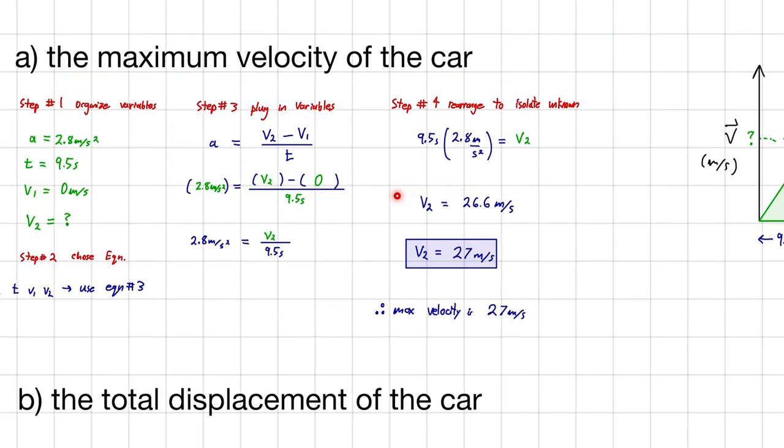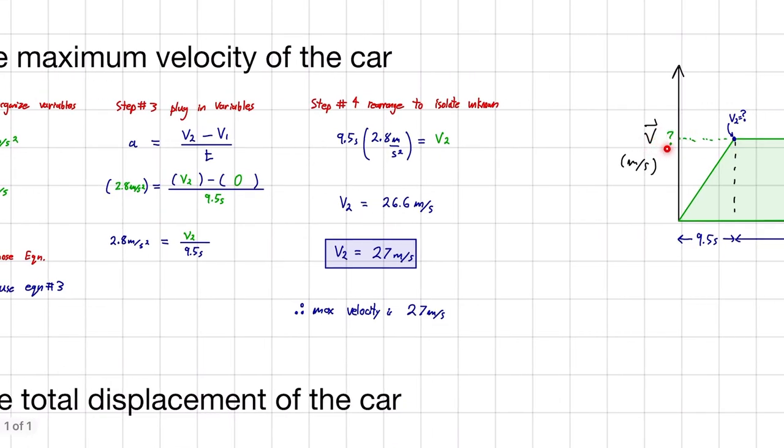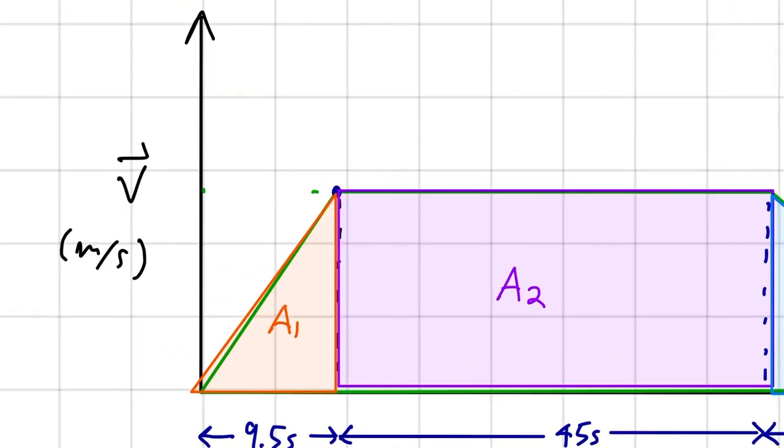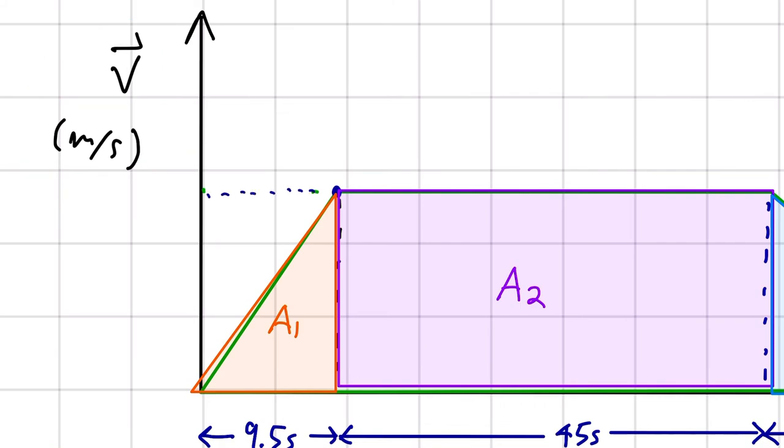It's the maximum velocity. So this is actually, remember, our V2. This is the height of our triangle. So 26.6. This is actually 26.6 meters per second. So again, that was our maximum velocity that we calculated in the previous question, but it is also the height of this triangle.